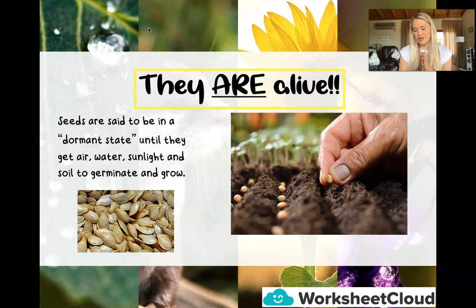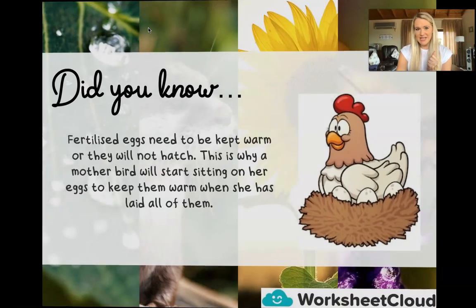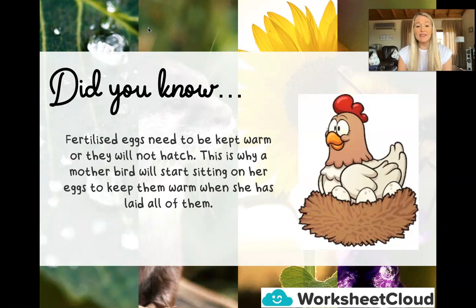Now, do you want to know an interesting fact? Did you know that fertilized eggs need to be kept warm or they won't hatch? This is why a mother bird will start sitting on her eggs to keep them warm when she has laid all of them.